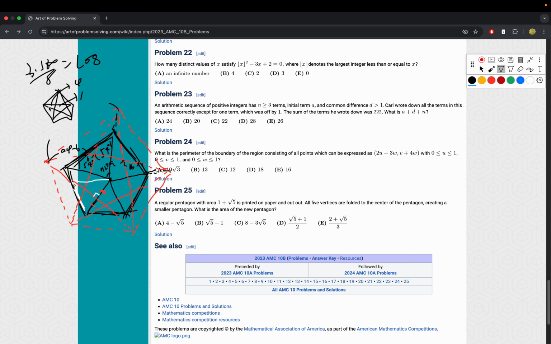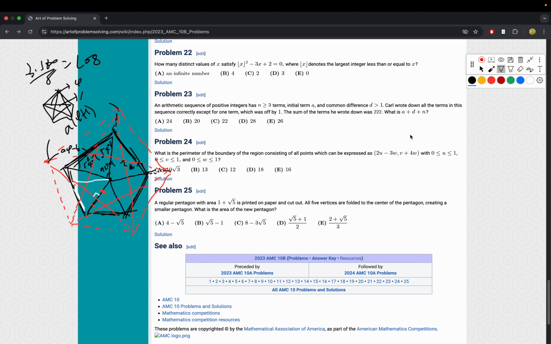I forgot the length of this. Let's use the ratio again. Oh, no, never mind. It's 1 plus phi. So this time, this plus this. So this whole thing is A times phi plus 1. I'm almost done. I'm almost there. Like, I just need to find the ratio.